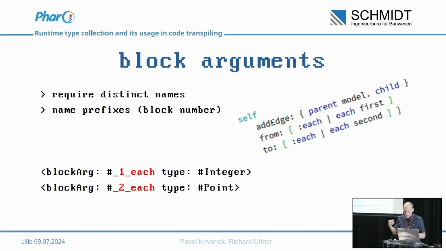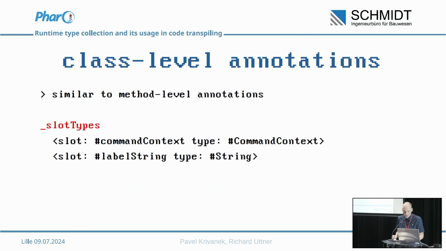So use different names, and if it's done completely automatically, we have prefixes that encode the number of the block in the method. So this way you can use it, but it's not nice for modifications by the program in the future. Because of course, if you add some other block, then you need to adjust it.